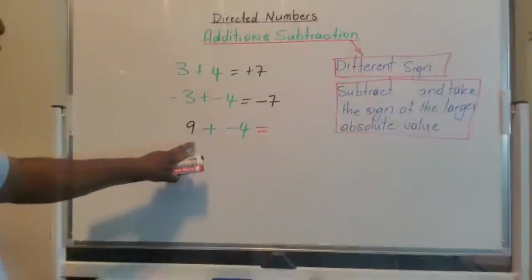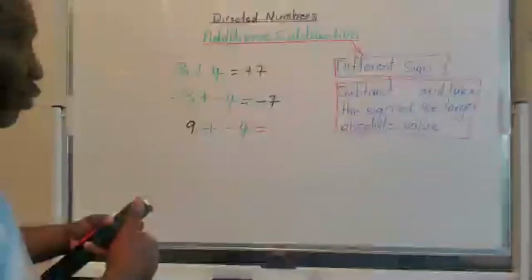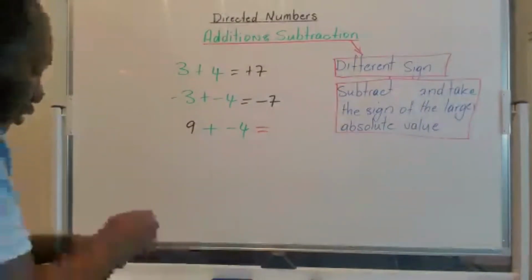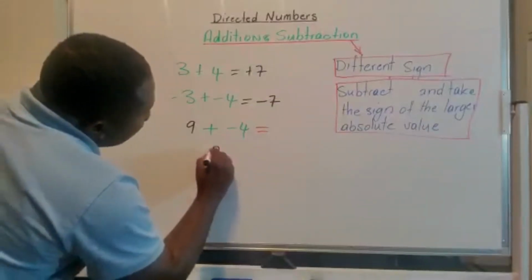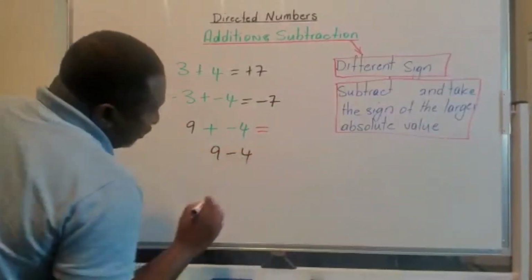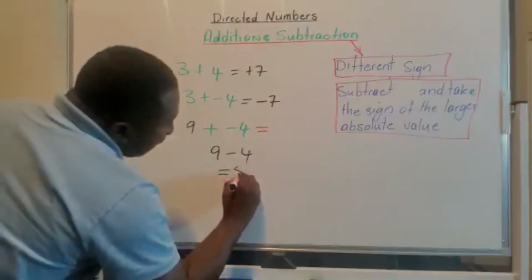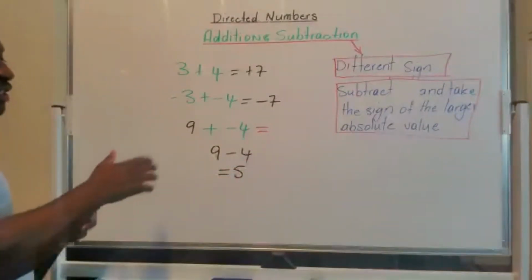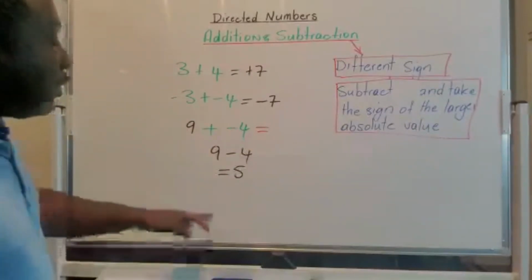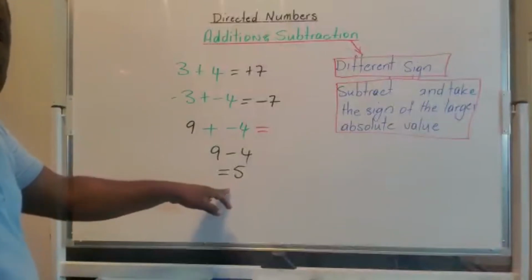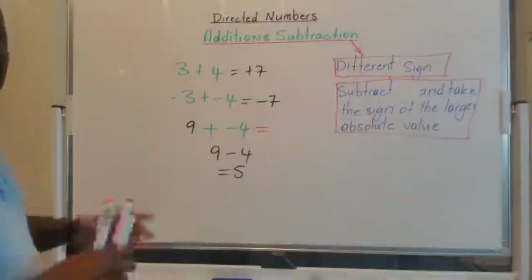In this case, the 9 is positive. What we should do is to do subtraction. So I'm going to take 4 from 9. The result will give us 5. In this case, the 9 is positive. Therefore, my final answer will be of a positive value.